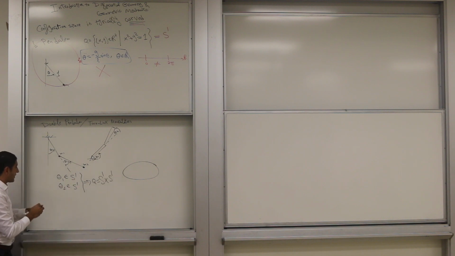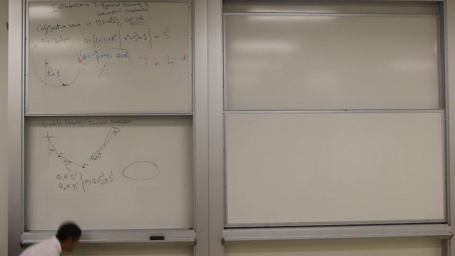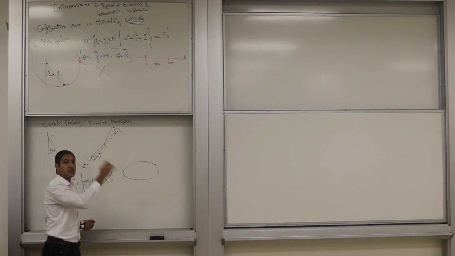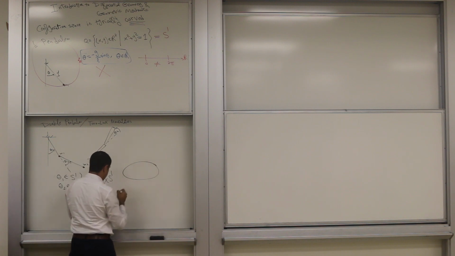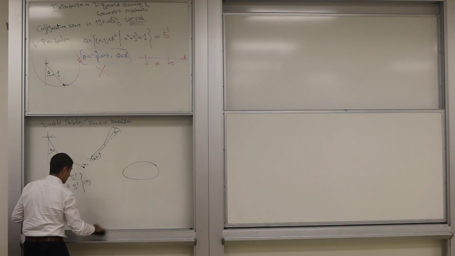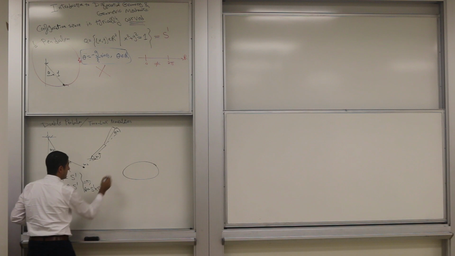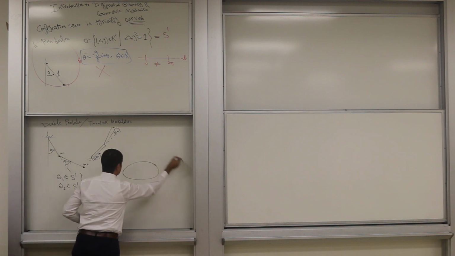What does S1 cross S1 look like? I have a circle, and at each point I create a circle around it. Something like this.